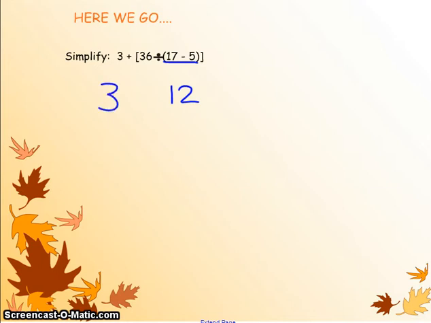And again, I'm going to continue with showing my work by writing everything that we haven't used yet. The parentheses are gone, but square brackets are still there, and those are the same as parentheses, so they need to be done next. 36 divided by 12, again, no calculators here.